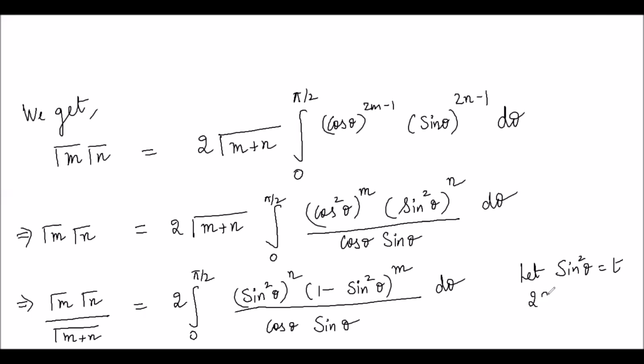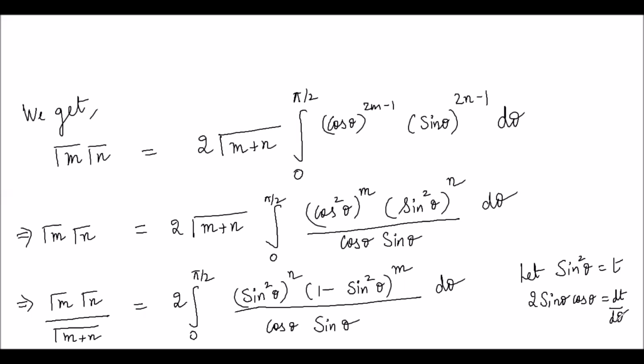We will get 2 sin theta cos theta as dt by d theta. And what will be the new limits? If theta is 0, t will be 0. If theta is pi by 2, sin pi by 2 is 1. So t will be 1.